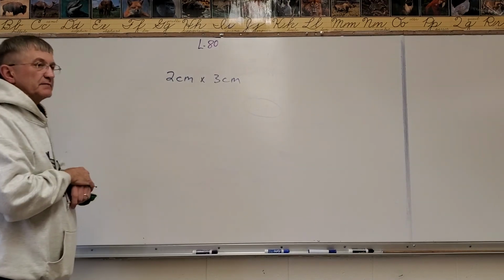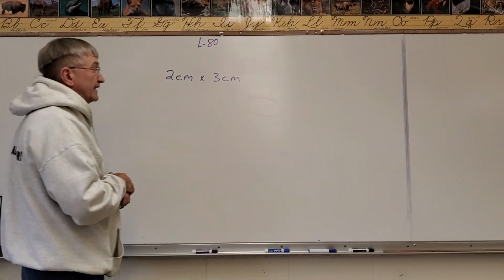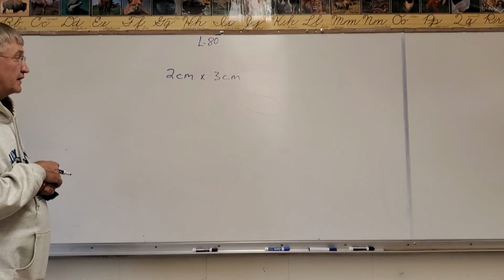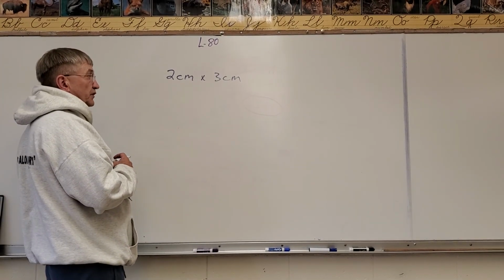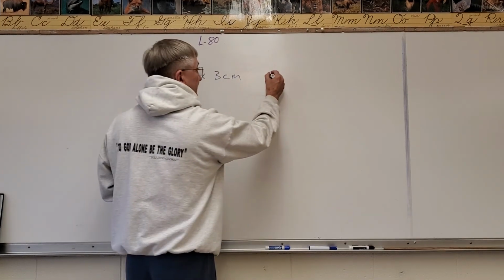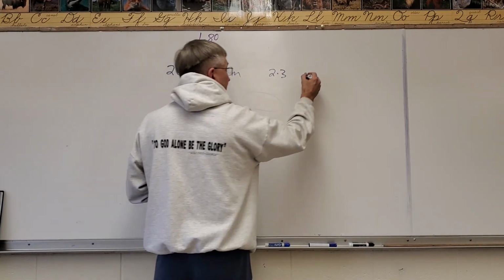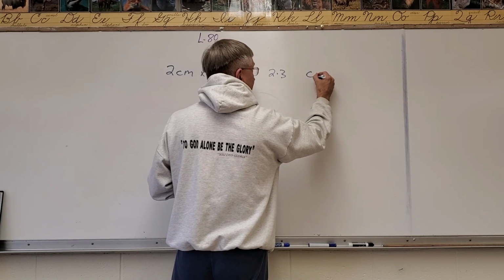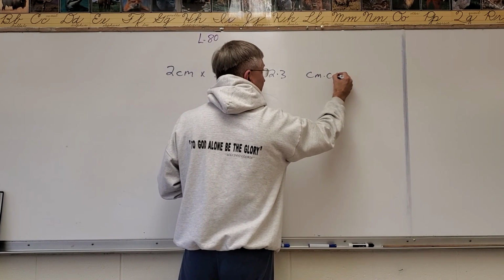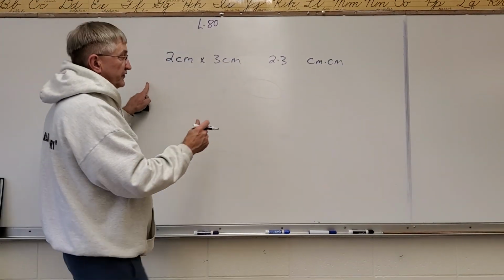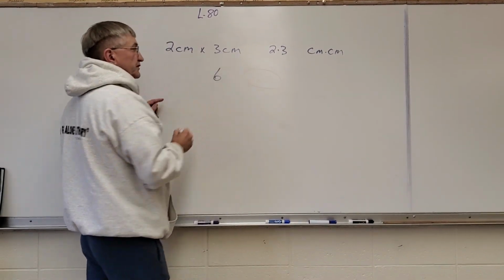Now we talked about this in finding area, as far as understanding what's happening here. Basically we're going 2 times 3 and centimeters times centimeters. We know 2 times 3 equals 6. That's pretty much a no-brainer.